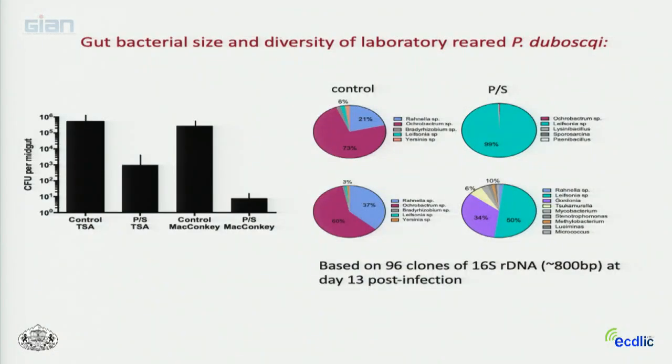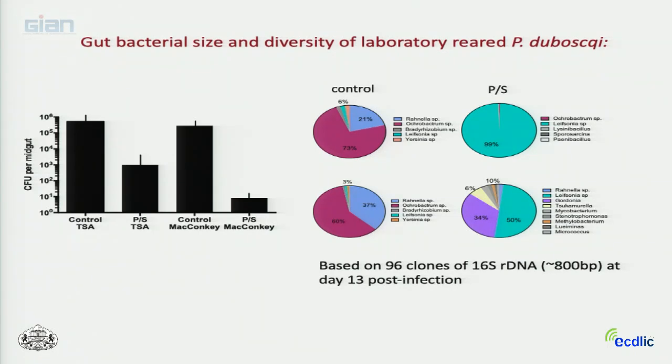So we did a lot of work trying to figure out, well, why does Leishmania need these bacteria in the gut? Well, first of all, we characterized the gut bacterial size and diversity by 16S sequencing, just by culture on agar.